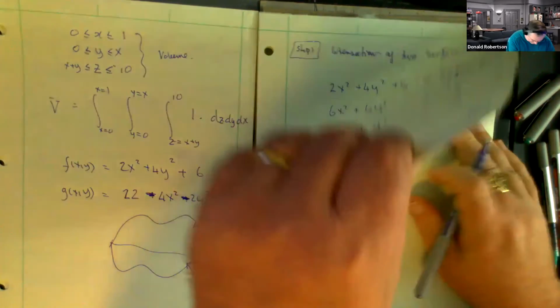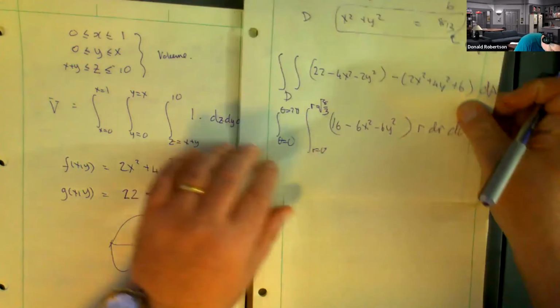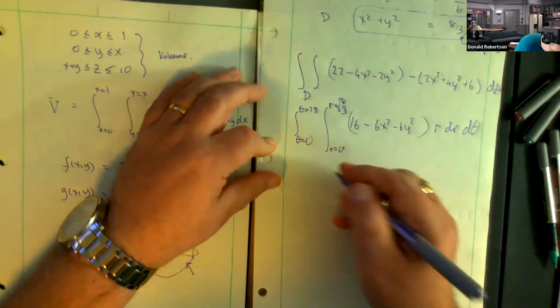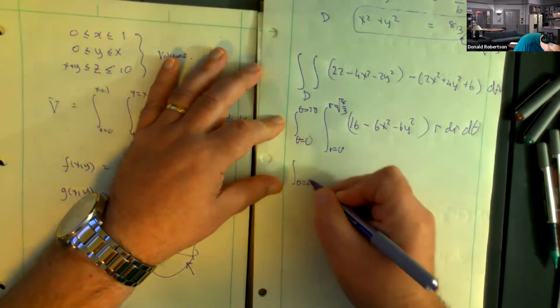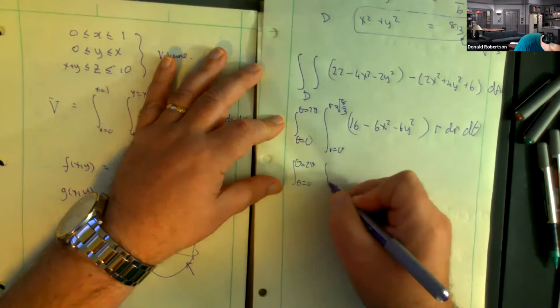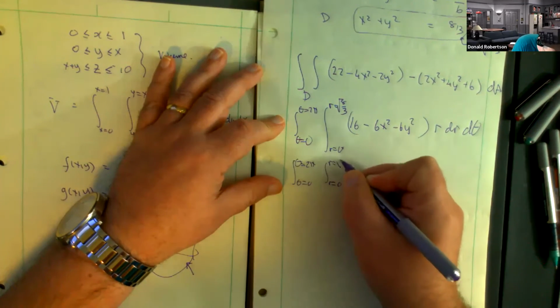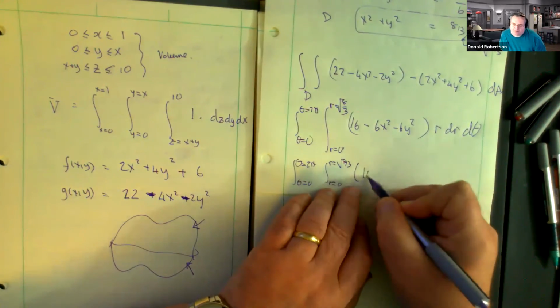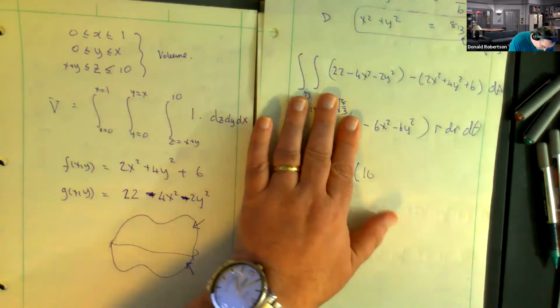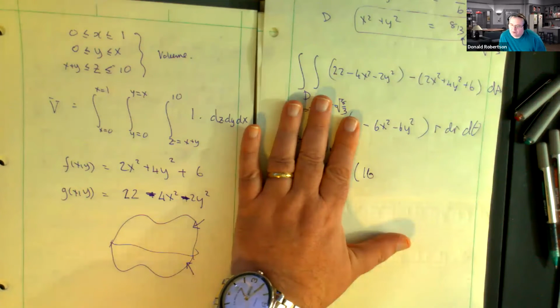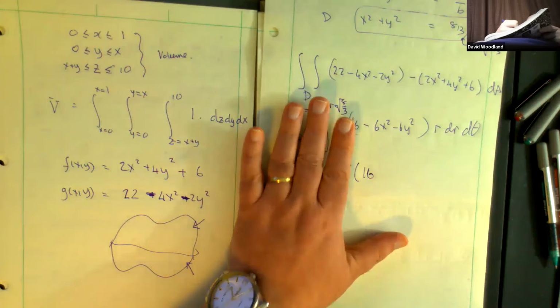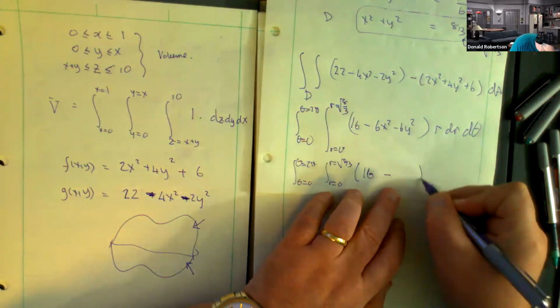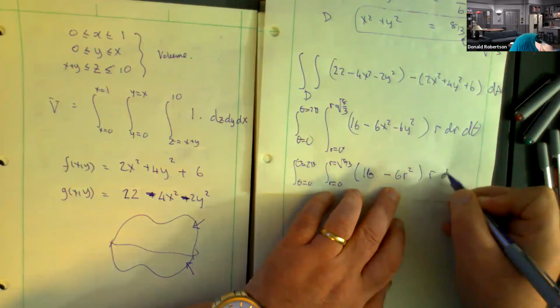And shouldn't you try and make your life as nice as possible by turning everybody into r and thetas, in the simplest version that you can? Negative 6x squared, negative 6y squared is actually not that bad. What does that get you in polar? Negative r squared. How many? 6, sorry. Yeah, you're right. There we go.